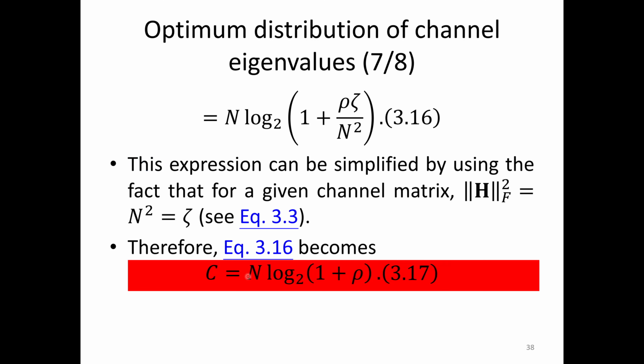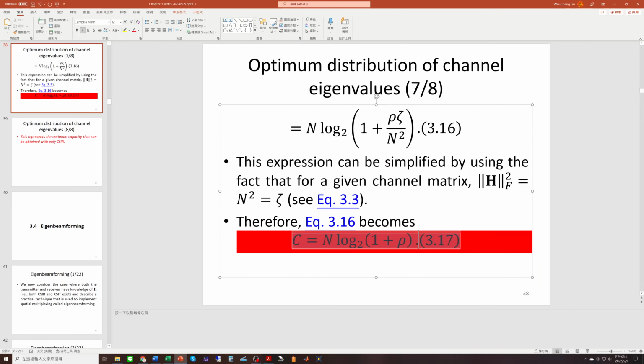In equation 3.17, C is equal to N times log 2 of 1 plus rho. Again, the equation number is in the wrong place. Let me fix this problem. Okay, good.